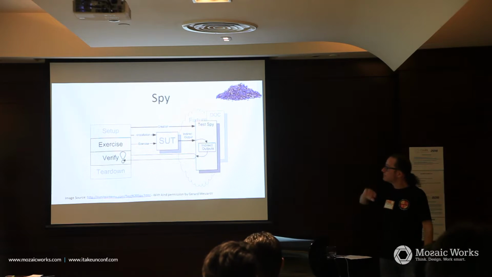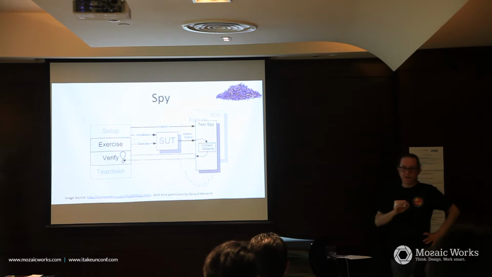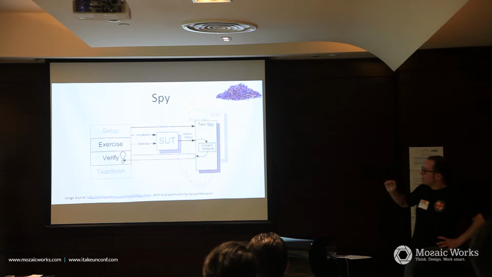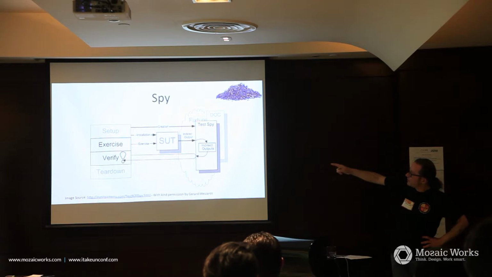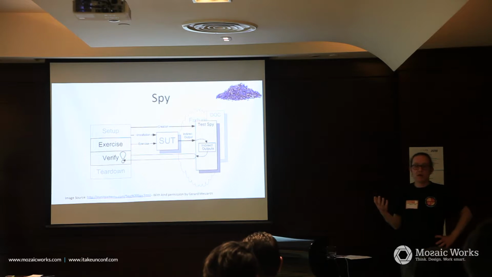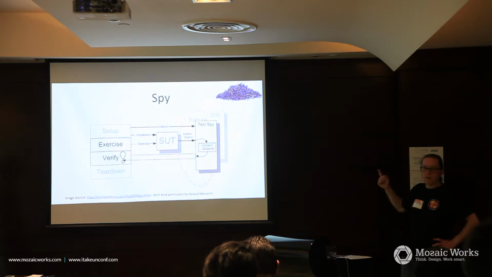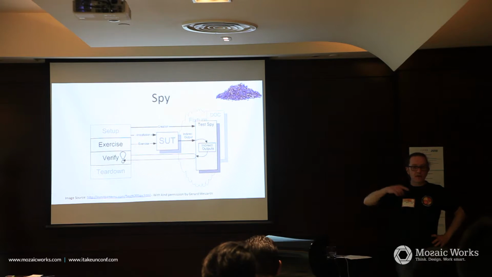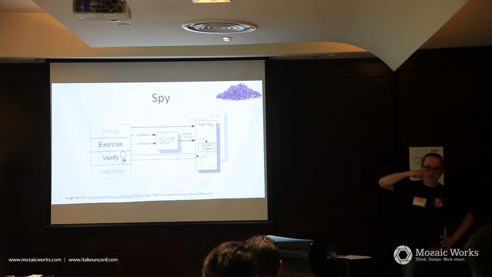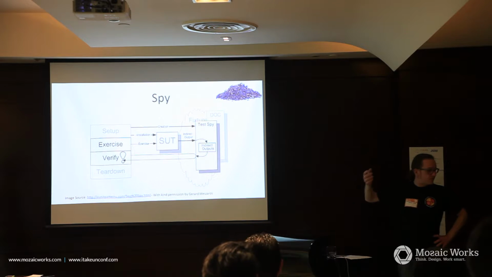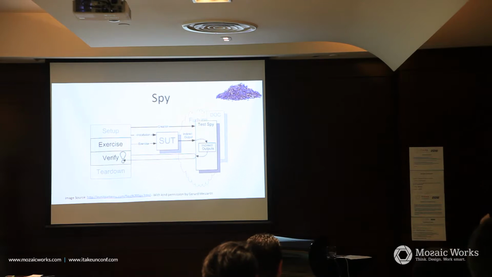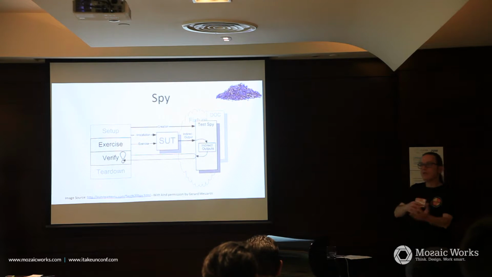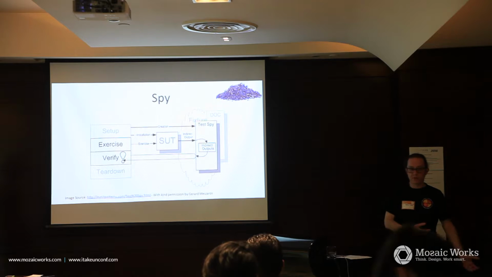Then we have a spy. The spy is interesting because we do not focus on the system under test, which is our class A. We now focus on the spy. We want to know: did class A use the spy, does it use class B in the way it's supposed to use class B?